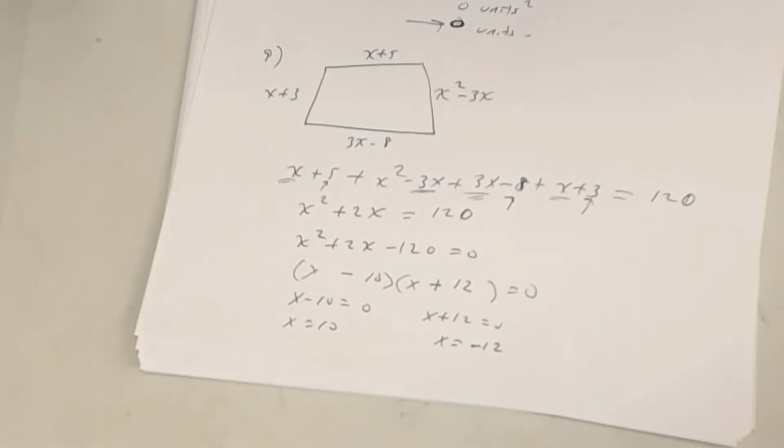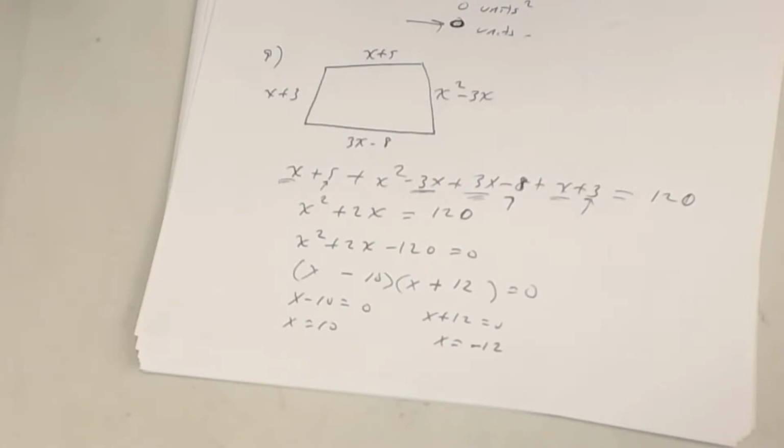Now, on the worksheet, that would be your solutions. You would say 10 and negative 12 on that previous worksheet. But this is a word problem, and so you have to look at the context of this problem. Those are sides. If you look at your table, the length and the width of the table is always what kind of number?